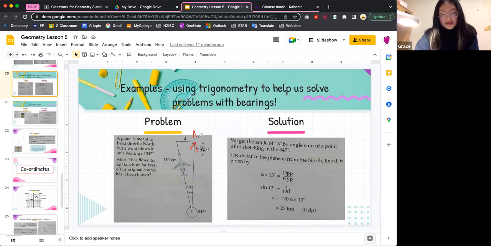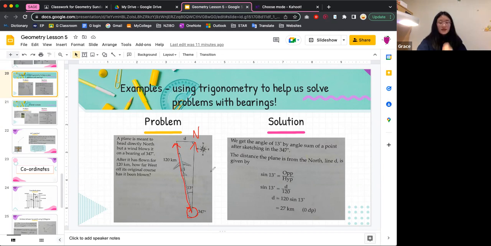Okay, this is north. And we have a plane that is meant to be traveling north, but then it's blown off course by the wind. And now it's traveling on a bearing of 347. So that's almost a full circle. So we go almost right to the end, and we end up going in this direction over here.